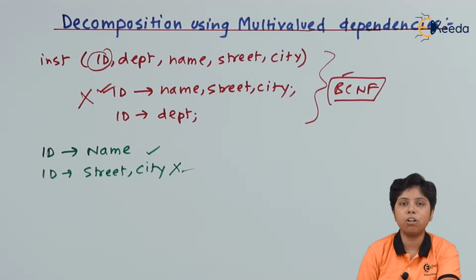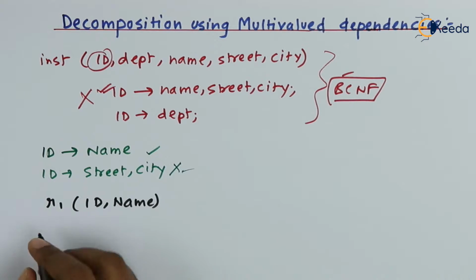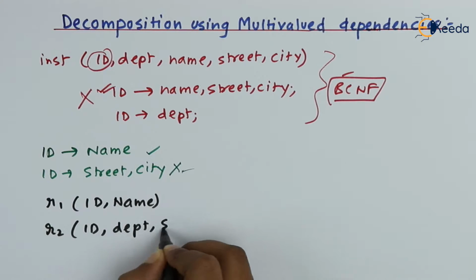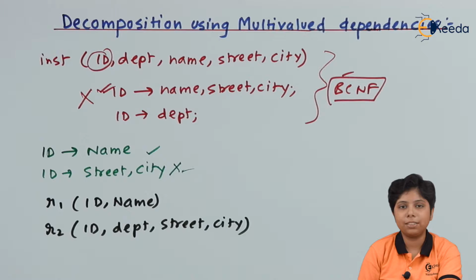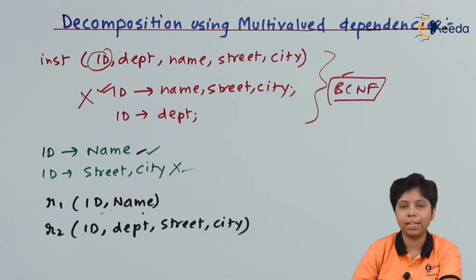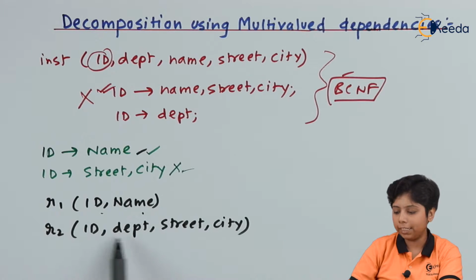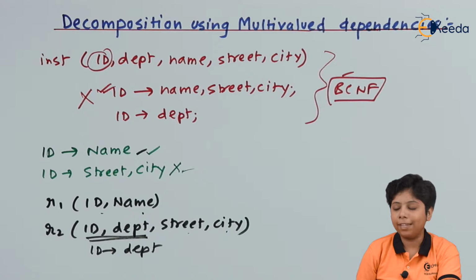Now, following the decomposition in BCNF, we can divide the relation into two relations. Now these two relations are in BCNF because ID determines name and ID determines department, and that holds, but ID determining street and city does not hold.